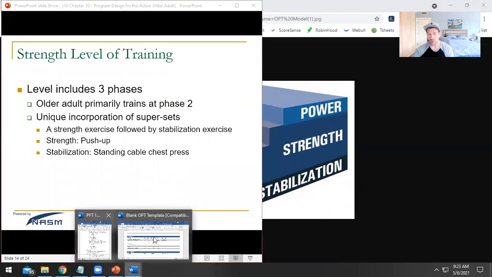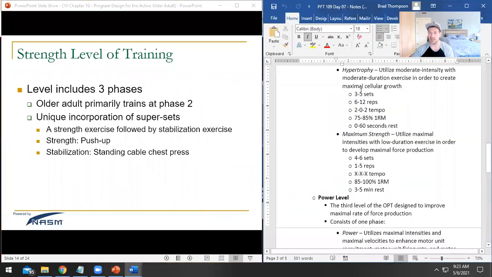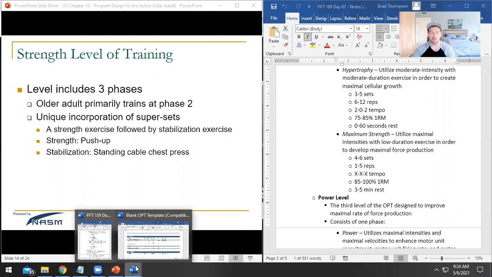So we're seeing both those things happen simultaneously. You're going to notice all of our sets and reps are kind of in the middle, sort of the jack of all trades, master of none. So this is going to utilize moderate intensity with moderate duration exercise in order to create maximum cellular growth, which is our goal. That's what hypertrophy is. It's muscle growth.